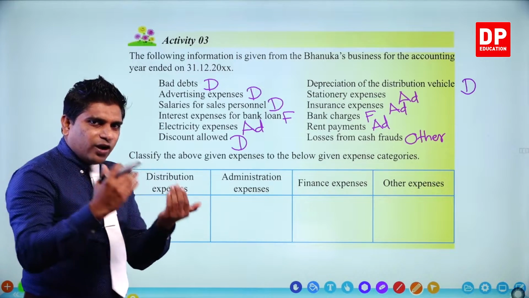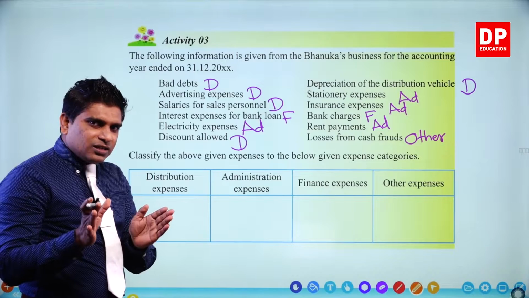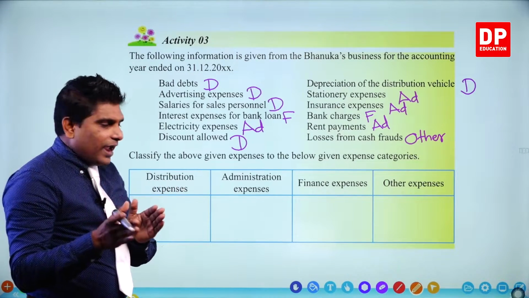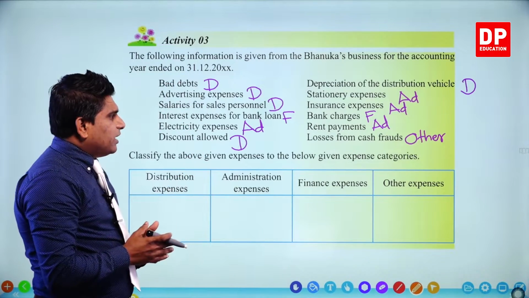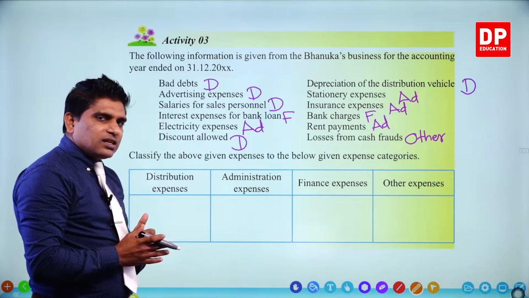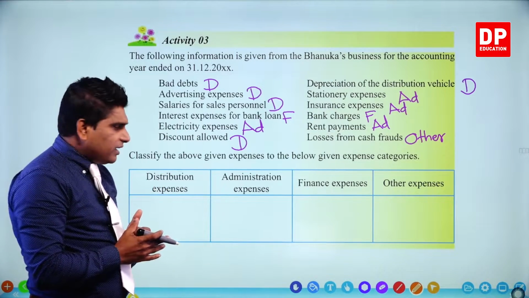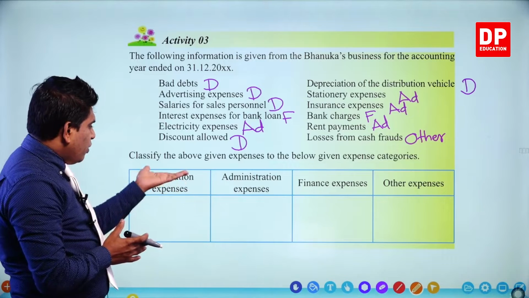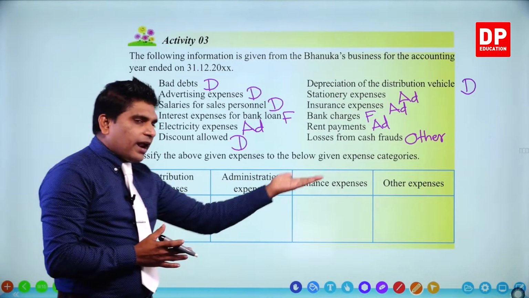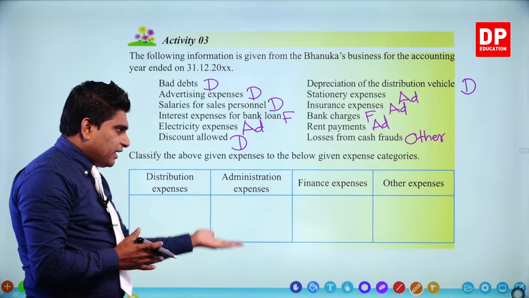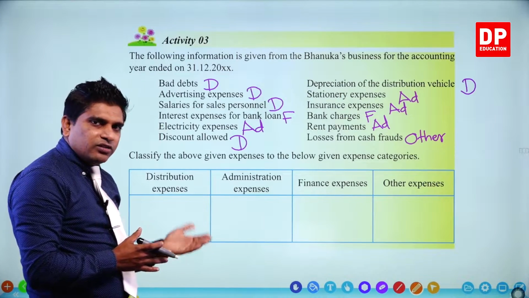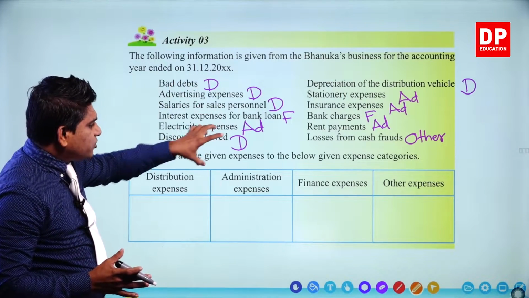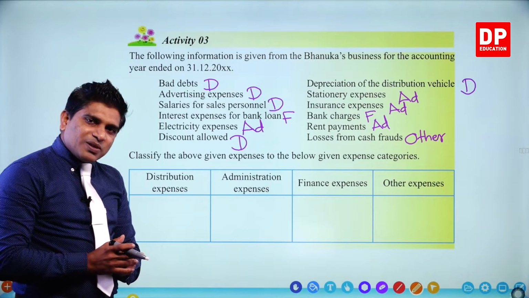I think you can write down. If you have a textbook, you can keep it with you, and you can classify these expenses in which category. It's easy if you draw this kind of table in your writing book, copy the same kind of table, and you can put these items to the relevant expense category.